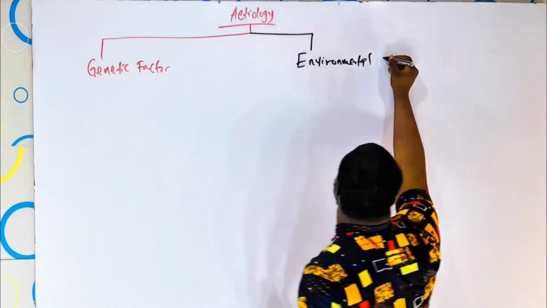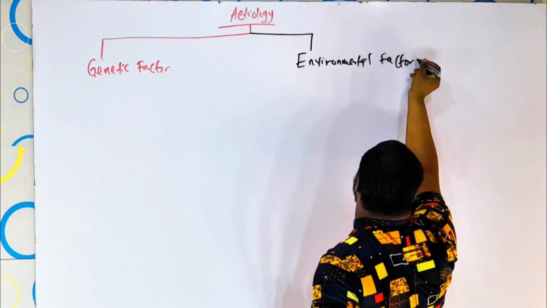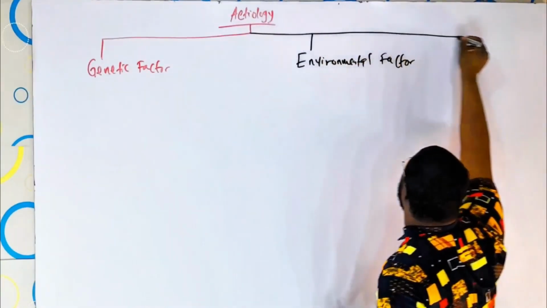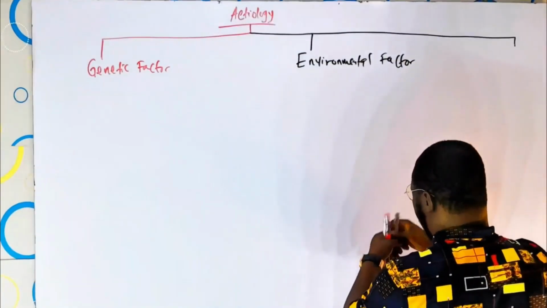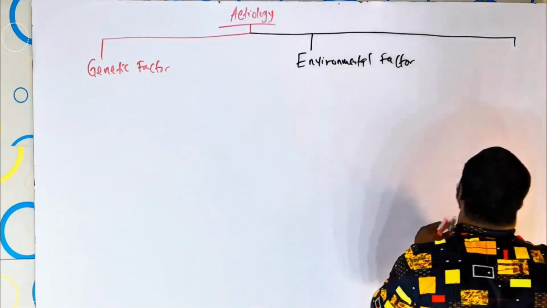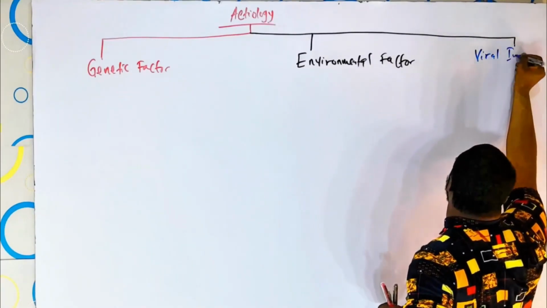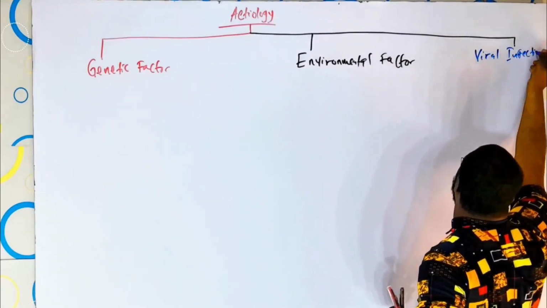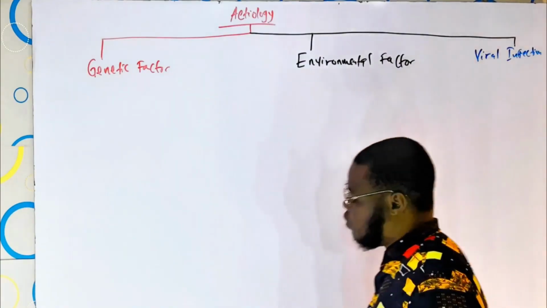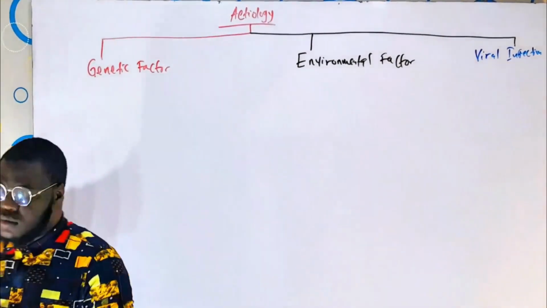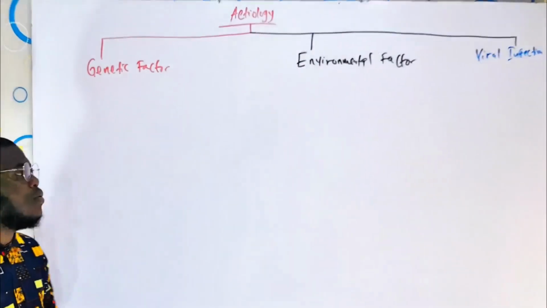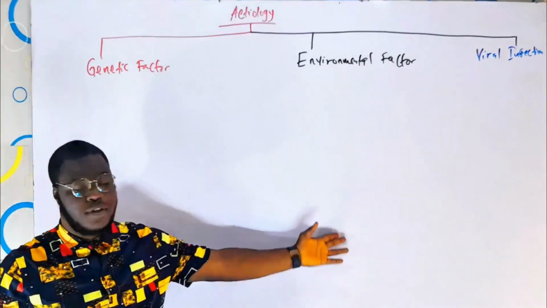Finally, it can also be caused by viral infection. Now, majorly, the causes of leukemia will always lie within one of these three.